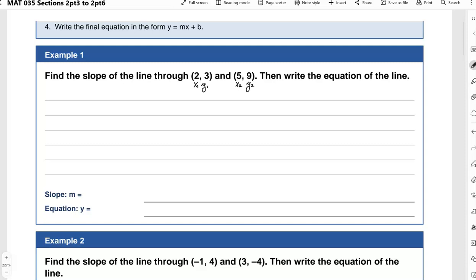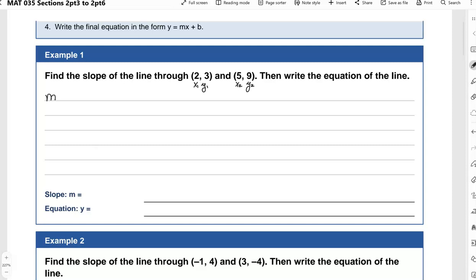So if I'm calling it (2, 3), the first point has to be x1, y1. That second point, (5, 9), has to be x2, y2. I cannot say this is x1 but y2 with the (5, 9), because it goes together. I have to identify both pieces as either first point or second point.